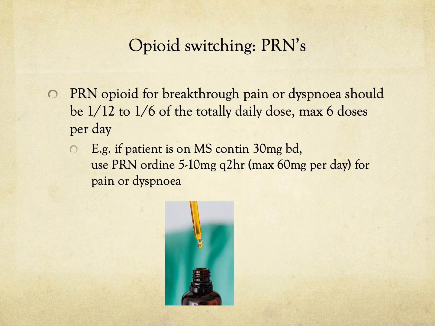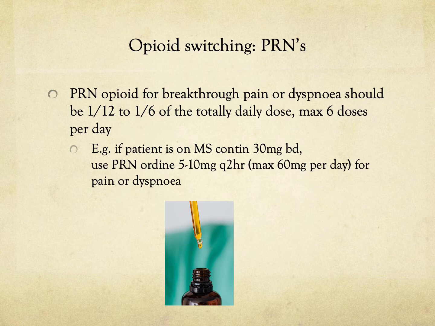When choosing the PRN opioid for breakthrough pain or dyspnea, it should be 1/12 to 1/6 of the total daily dose. For instance, if the patient is on MS-Contin 30 mg BD, use PRN Ordine 5 to 10 mg every 2 hours, maximum 60 mg per day for pain or dyspnea.